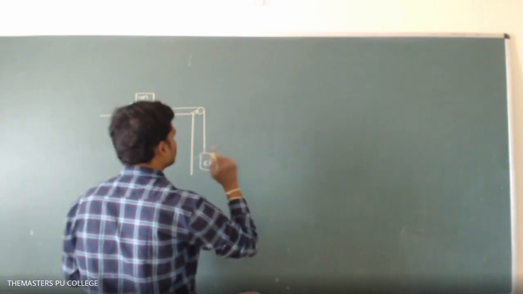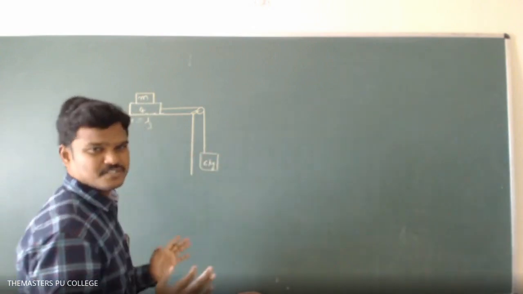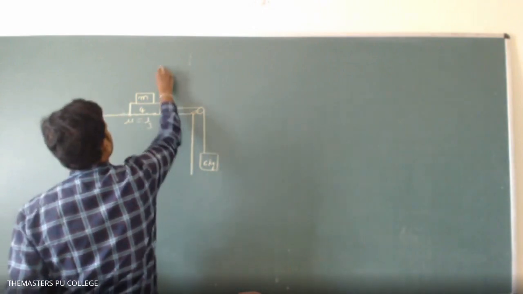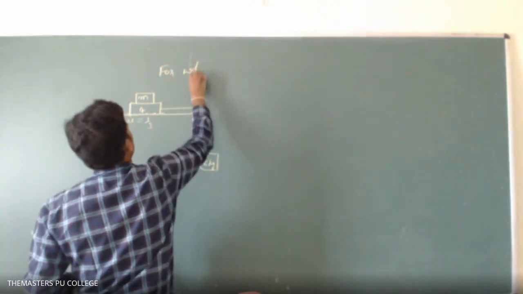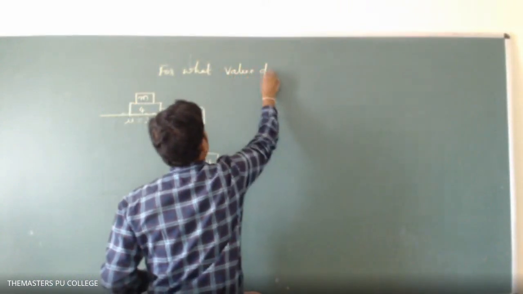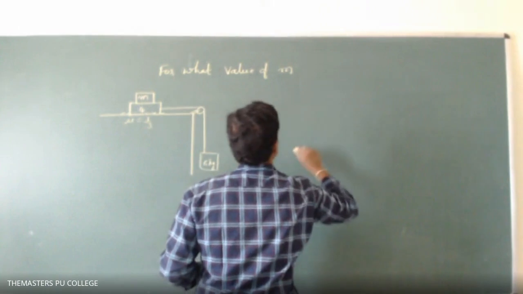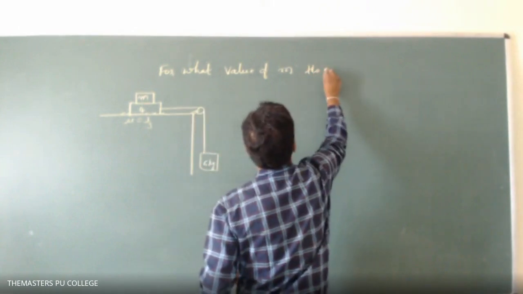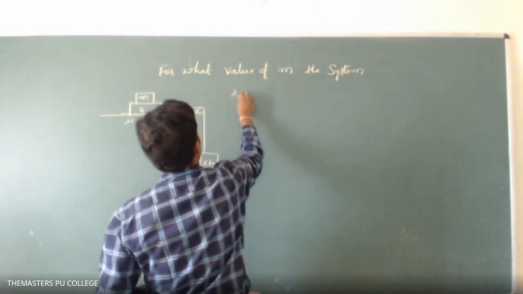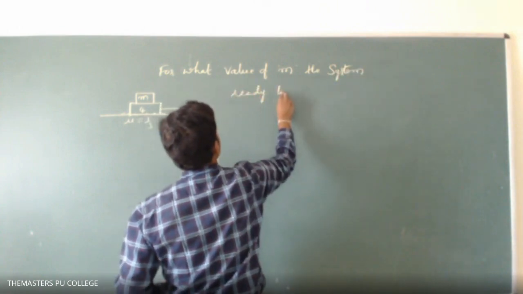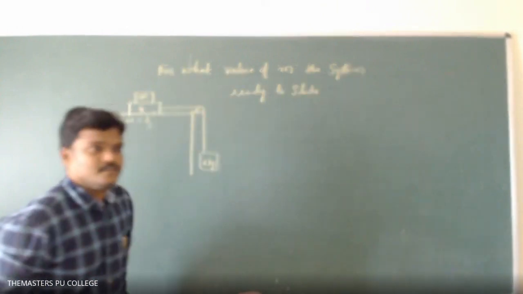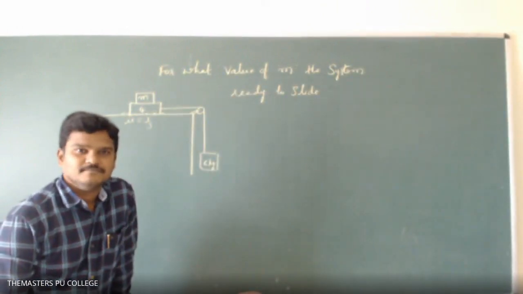Write the question in a shortcut way instead of lengthy words: for what value of m is the system ready to slide? Follow the problem.